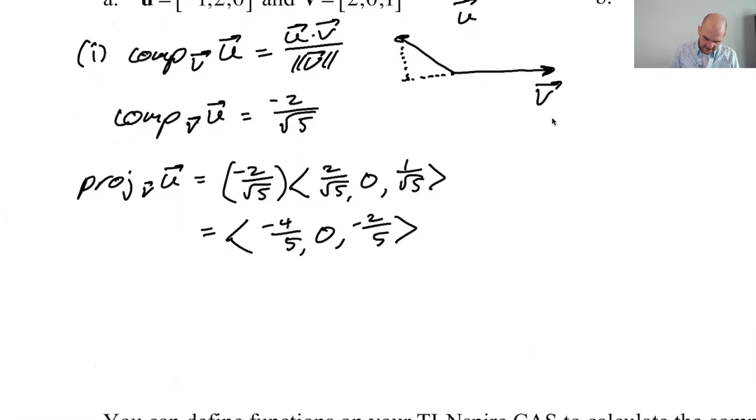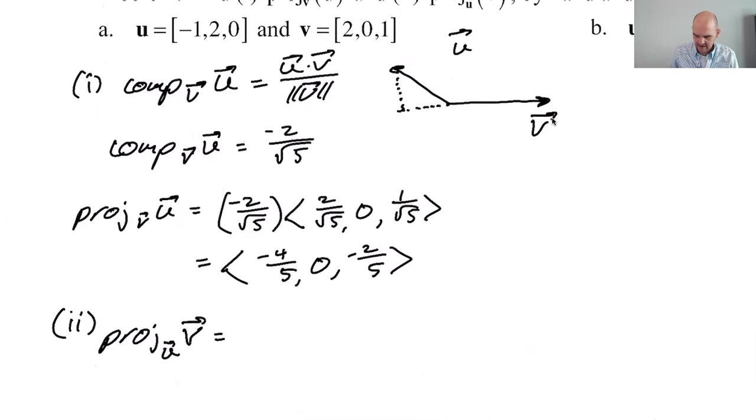All right, let's see if we can do the other one in one shot. So just the projection of v along u. I'm expecting the component to be negative again, because if you extend this and put your light source up here, you're going on the wrong side, right?